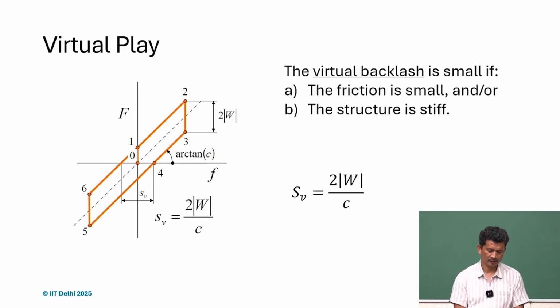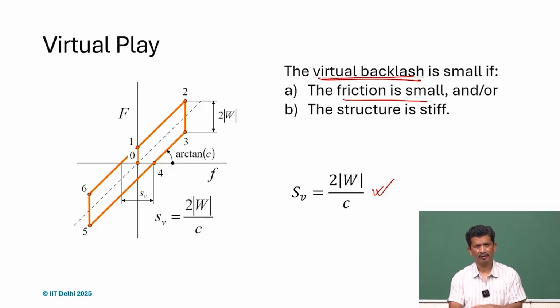So if we just look at the expression, we can minimize if we can reduce the friction by some means. If it has to be there, then it has to be managed. So the mu value, if it can be reduced, and/or if the structure is stiff, or if you can increase the structural stiffness.